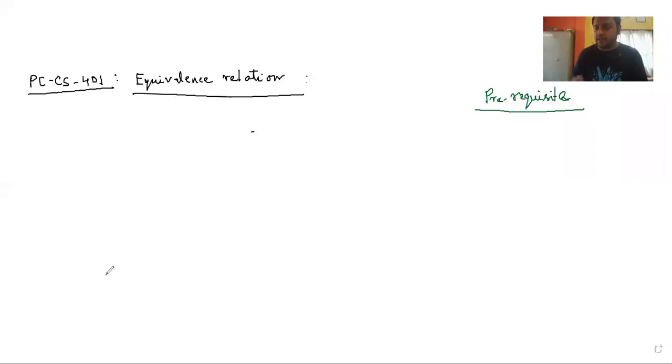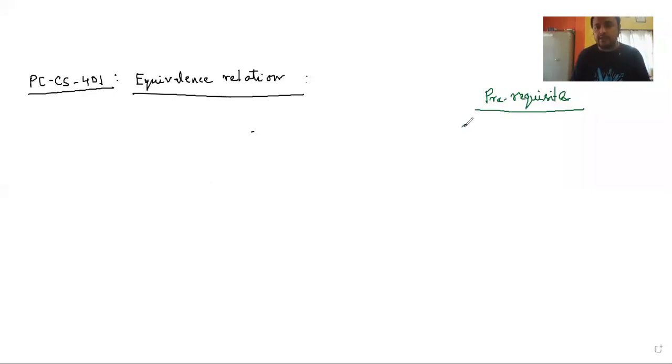You know these from your school days, so I shall not spend much time on that. But since the understanding of sets and their operations is important for studying equivalence relation, I'm very briefly writing what they are on the right hand side.